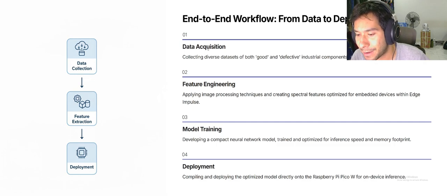Initially, we had thought about developing a vision transformer model. However, due to some constraints in the environment that the Edge Impulse platform provides, we were not able to fully deploy the vision transformer due to some of the conversions of the libraries and operations that are necessary for the vision transformer tools.